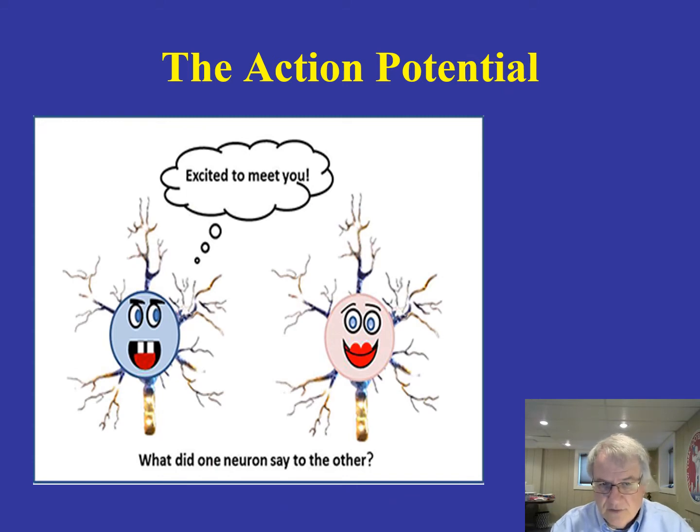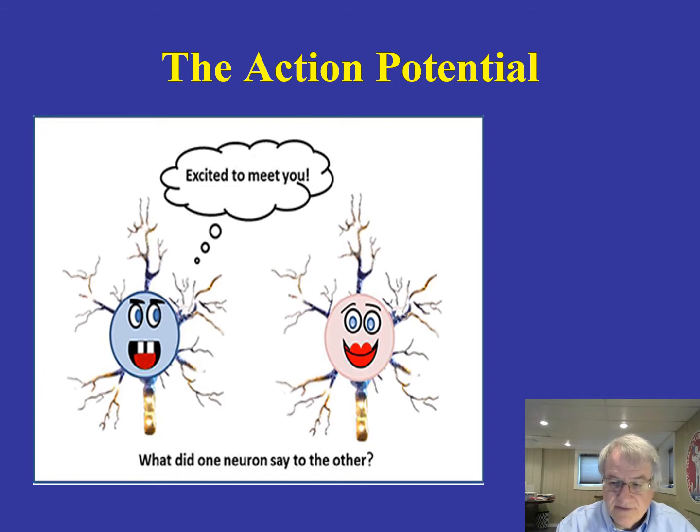A little cartoon here. I have two neurons there, and one says to the other, "Excited to meet you." And again, this is in response to the question, what did one neuron say to the other?